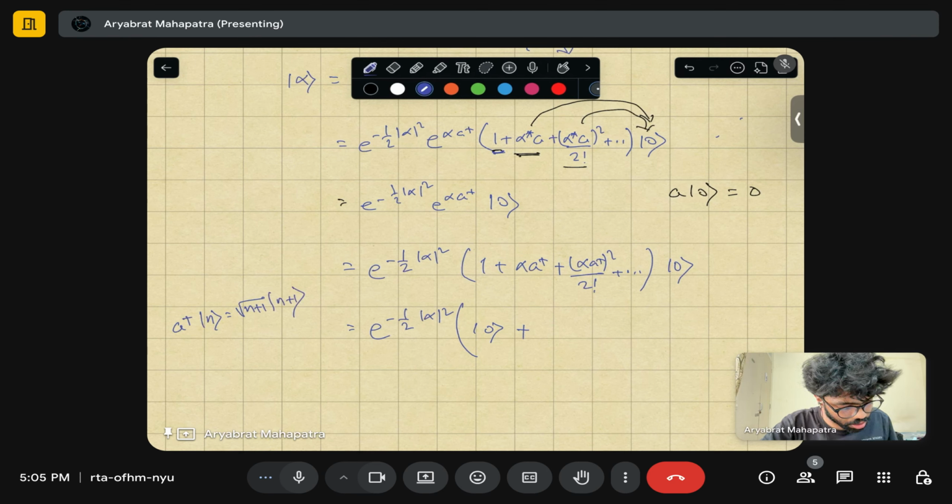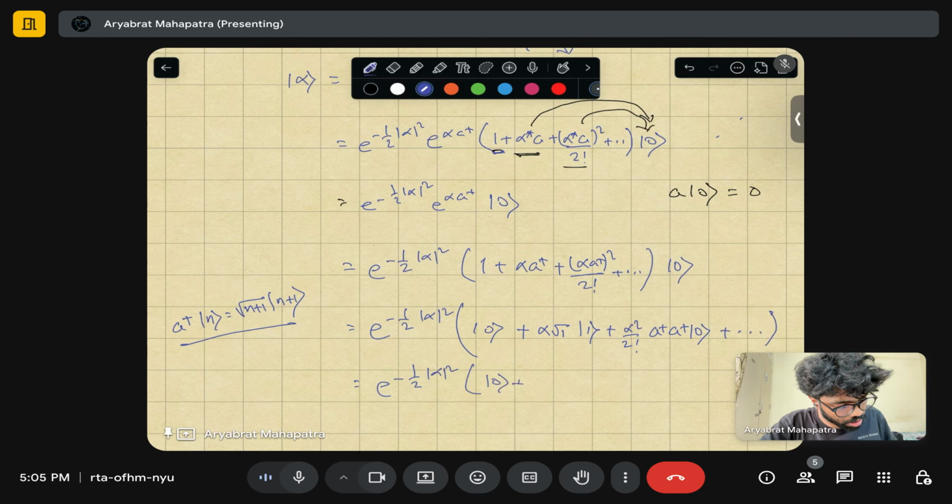So using this rule of the creation operator, you have alpha root 1 in the first term. In the second term you have alpha squared by 2 factorial, and here a dagger will act twice.